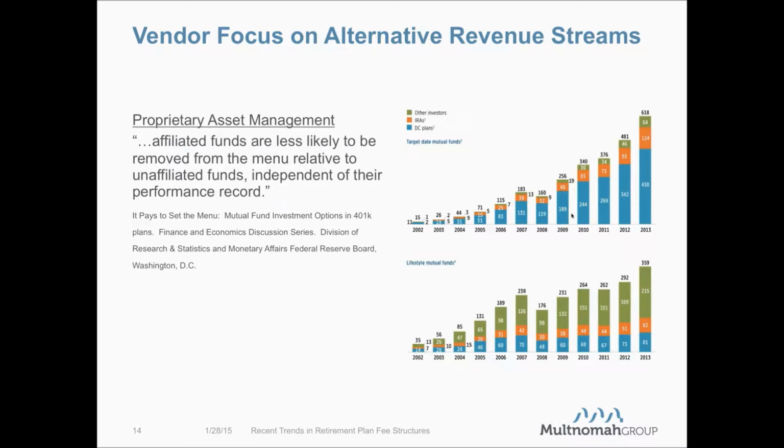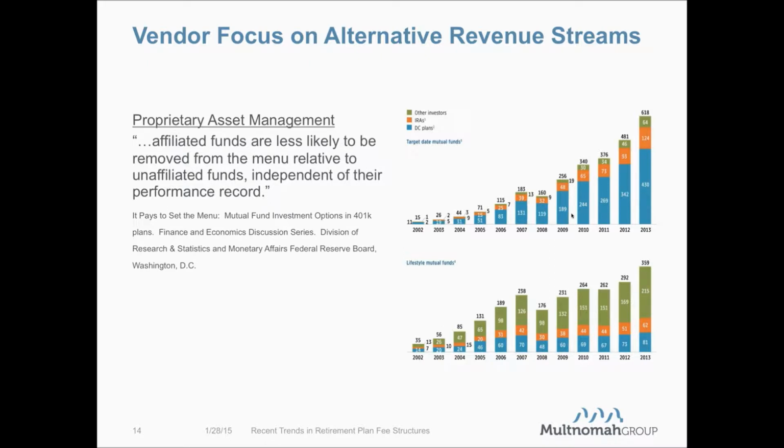What they noted was that for many plans, the affiliated funds, so if I'm a record keeper and I'm selling my own funds, plans tended to exhibit a higher degree of affiliated funds within their menu, and the rate at which those funds were removed seemed to be lower, independent of their performance record, meaning that once they got them in, which they were successful in doing, they were able to keep them in regardless of whether they continued to perform well or perhaps performed more poorly.